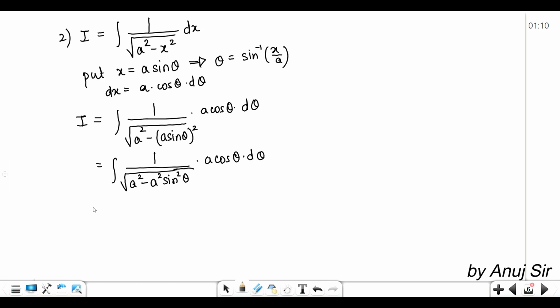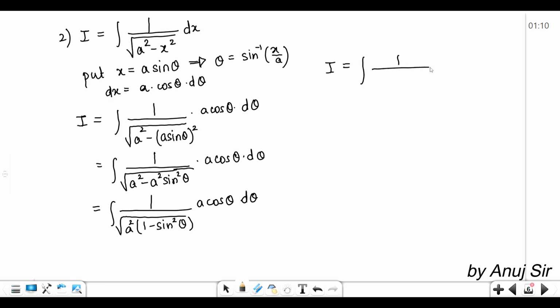Then you can see a square is common in both of these terms, you can take a square as common, that gives you 1 minus sine square theta, times a cos theta again. So here I will be equal to 1 upon the root of a square, which is a, and again the root of 1 minus sine square is nothing but cos square according to the trigonometric identity. We already know, I'll write it here: sine square plus cos square is equal to 1.